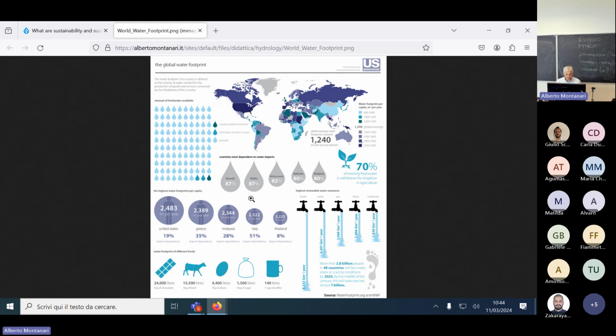Okay. These are the countries most dependent on water imports: Bahrain, Kuwait, Malta, Netherlands, etc. And the highest water footprint per capita: United States, Greece, Malaysia, Italy, Thailand.